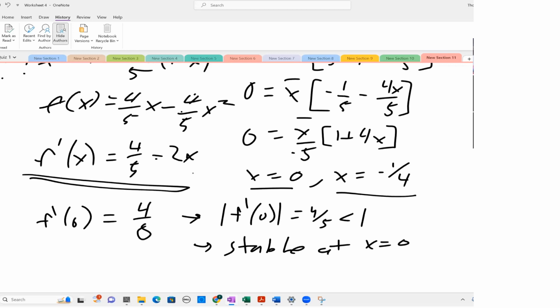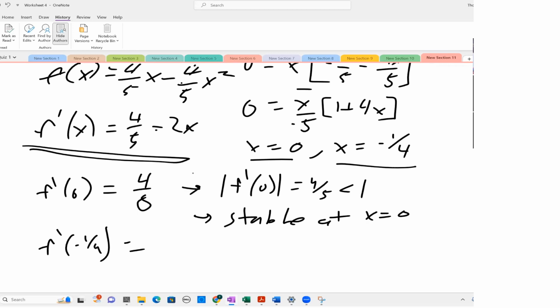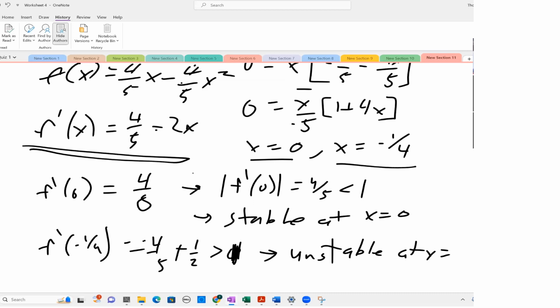We also have f prime of 1/4, and when we plug it in, we get 4/5 plus 1/2, and this is greater than 1. So because it's greater than 1, this tells us that we're unstable at the other equilibrium point.